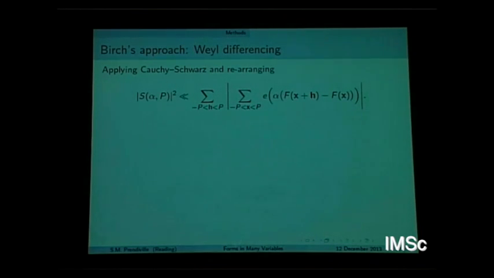We square our exponential sum, and a little manipulation shows that you can relate your exponential sum over a polynomial of degree d to an average of exponential sums. The important point is these new exponential sums are over polynomials which have degree at least 1 less than the original. So this is degree d, this is an average of sums of degree d minus 1. And you iterate this.